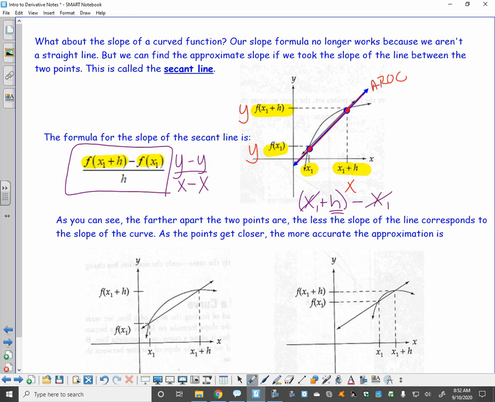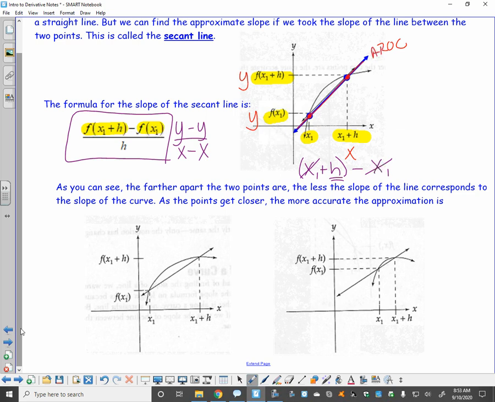Now as you can see, the farther apart the 2 points are, the less the slope of the secant line corresponds to the slope of the curve. As the points get closer and closer, the more accurate the approximation is. So automatically you should start having limit flashes in your head.